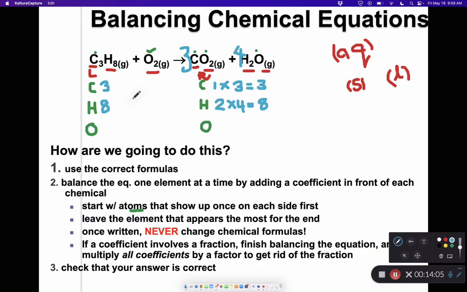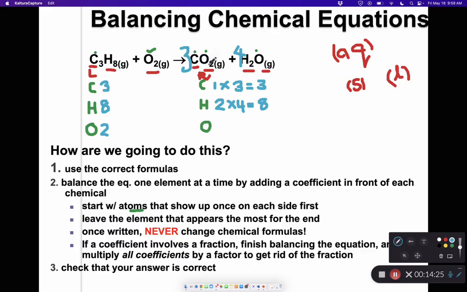Let's see how. For oxygen on the left hand side I have 2, so I'm writing 2. On the right hand side, in the product side, I have 3 times 2. The coefficient and the subscript we have to multiply to get the number of atoms.